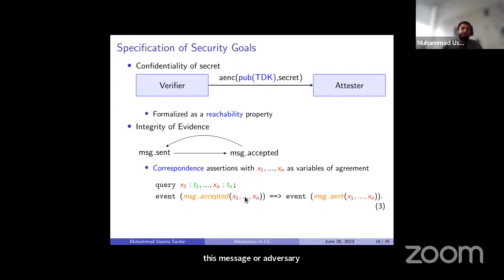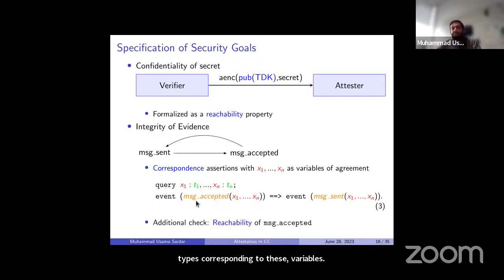So this is basically the thing that we want to verify. That is, with all these variables of agreement, do they remain the same until the message accepted, starting from when the message was sent? And the T1 and Tn here represent, in green, the types corresponding to these variables.